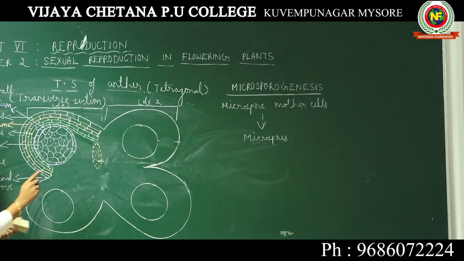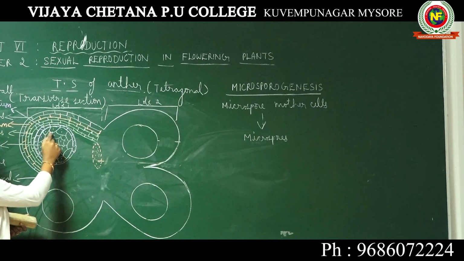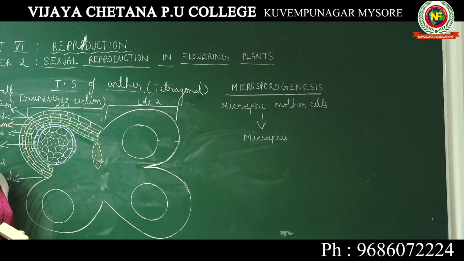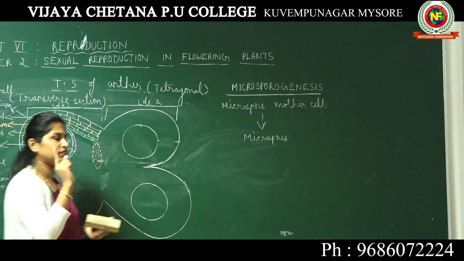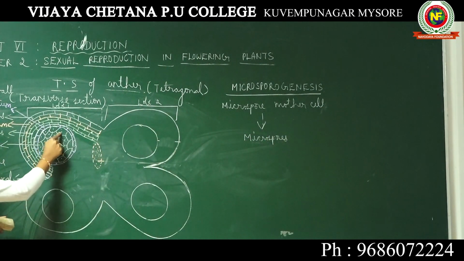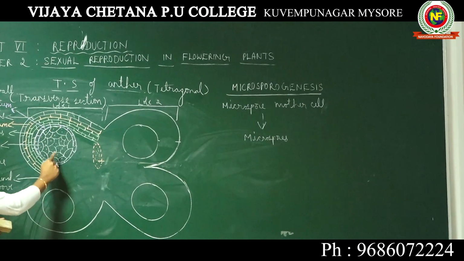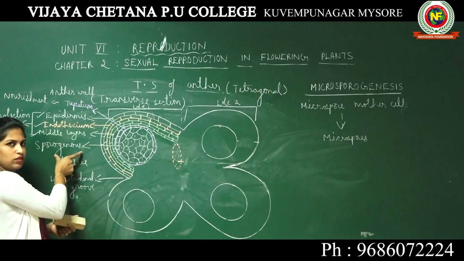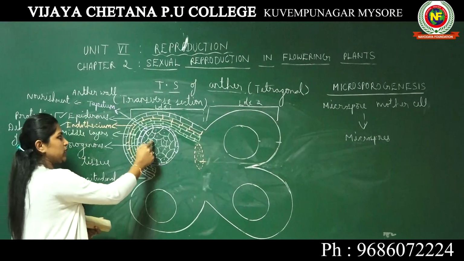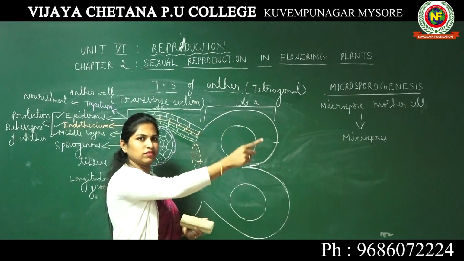Now, you see here, each and every cell in the sporogenous tissue is a microspore mother cell. Each and every cell present inside this microsporangium together is called sporogenous tissue. However, each and every cell is known as microspore mother cell.